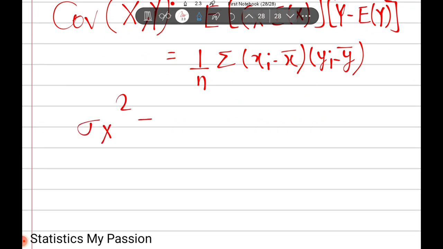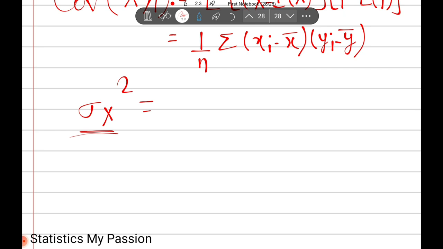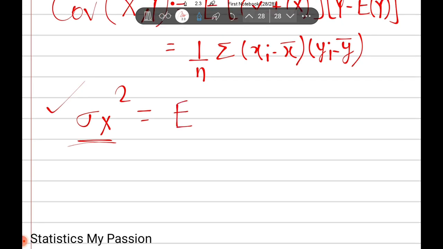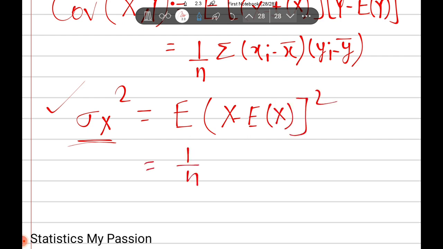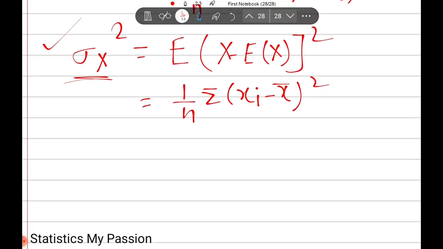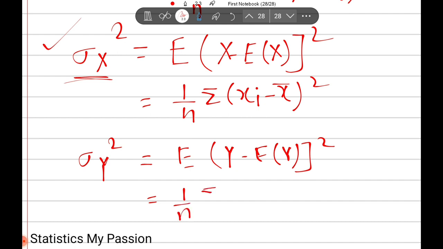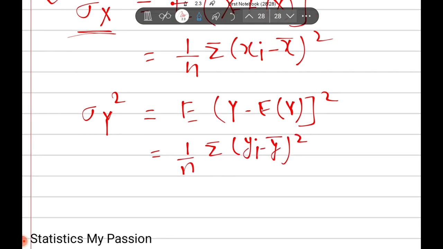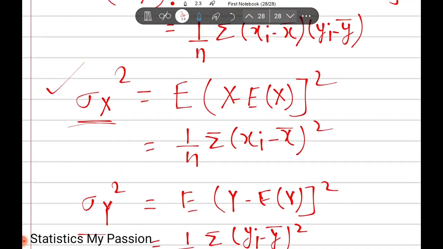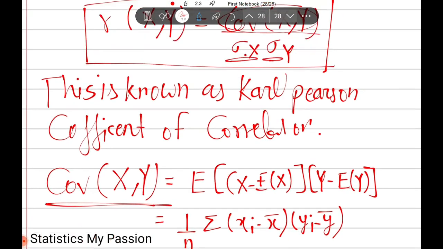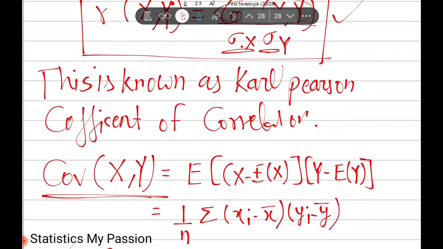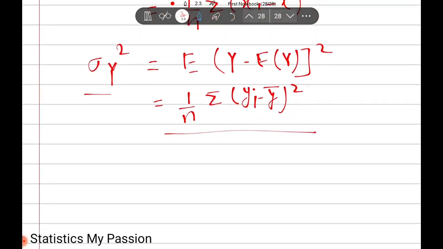So we write the variance of x as E of (x minus E of x) whole square, which is written as 1 upon n sigma (xi minus x bar) whole square. And similarly, we can write sigma y square as E of (y minus E of y) square, 1 by n sigma (yi minus y bar) square. So these are the formulas of sigma x square, sigma y square and covariance of xy, and we simply put these values in this formula and can calculate our correlation coefficient.